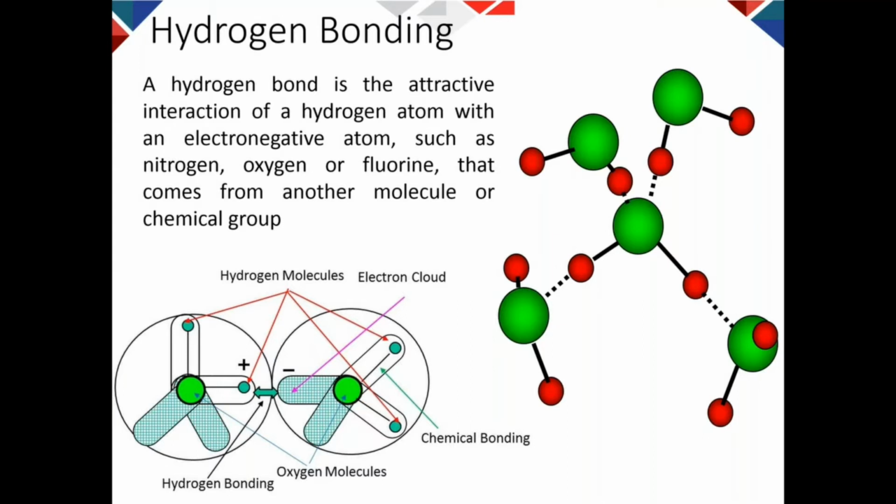Hydrogen bonding is basically where hydrogen loses an electron to oxygen. So it becomes partially positive, and the electron cloud of oxygen is partially negative.